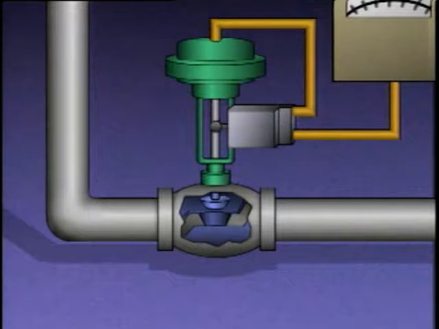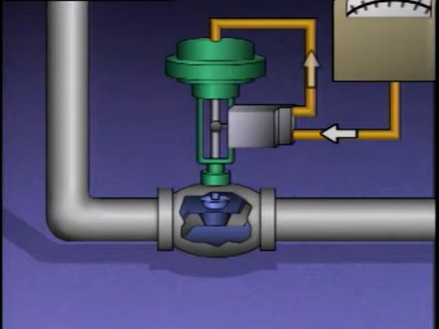If we move the positioner to one side, we can see that a mechanical linkage joins the valve stem to the positioner. This linkage, often called the feedback linkage, indicates the valve's position to the positioner. When the process variable in this system needs to be adjusted, the controller sends a pneumatic signal to the positioner.